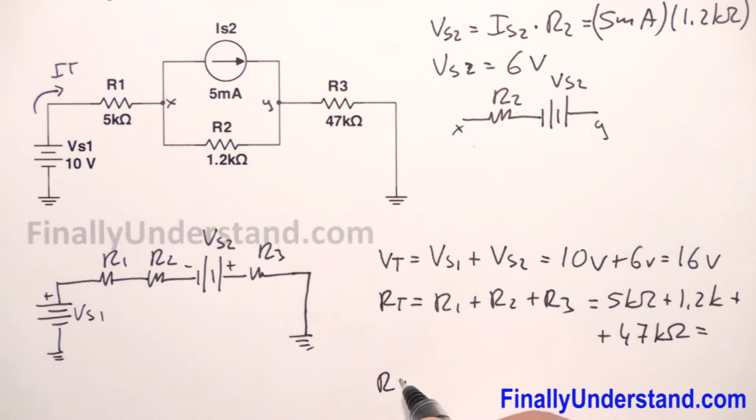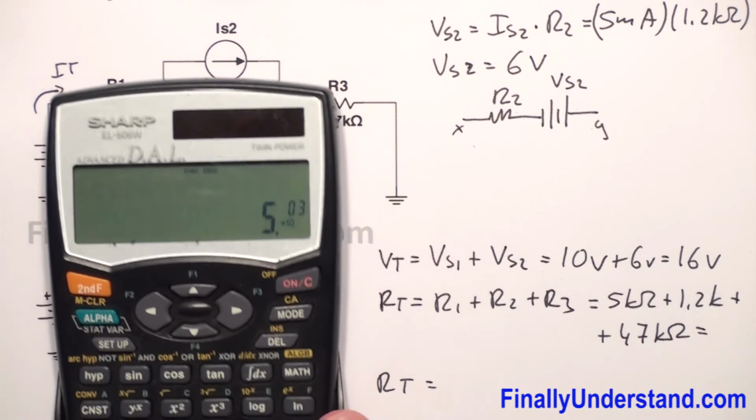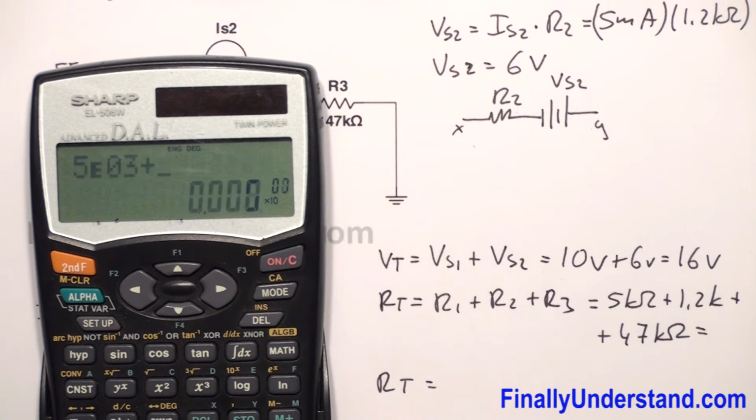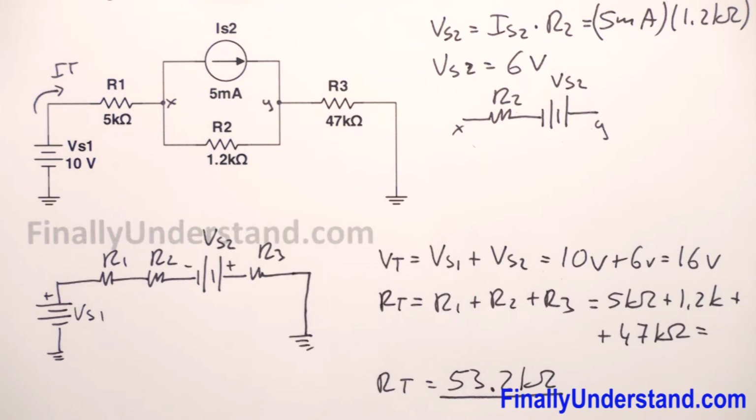So R total is equal to 5 exponent 3 plus 1.2 exponent 3 plus 47 exponent 3. This is equal to 53.2 kilo ohms. Okay, so we found the total resistance.